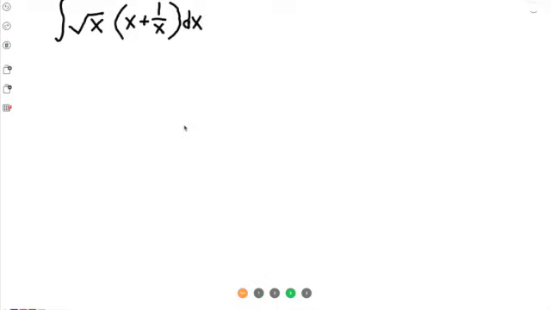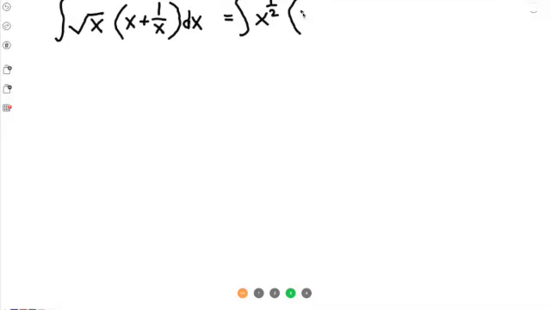So what we need to do is just perform the operation first so that we will see if we can see any pattern. So for this one, this is the square root of x. This is just equivalent to saying that x is raised to the power 1/2. Right? Square root of x is just equal to that, and we multiply it by x.